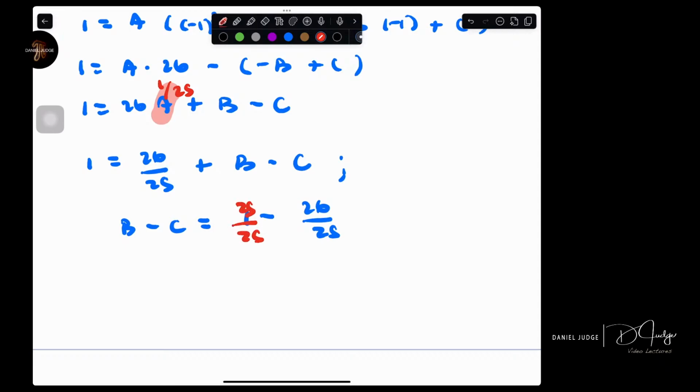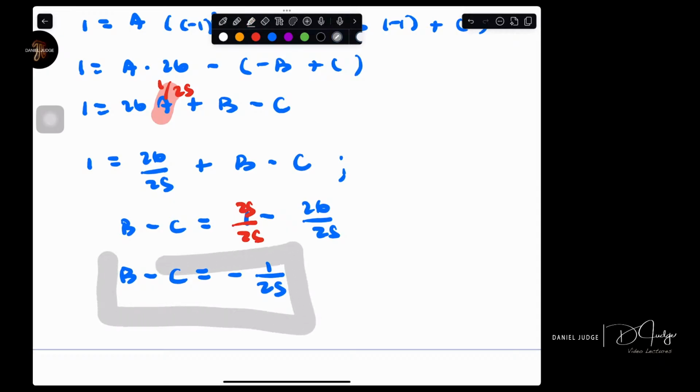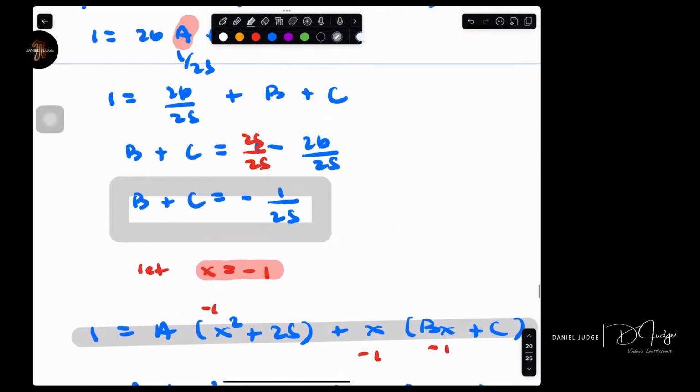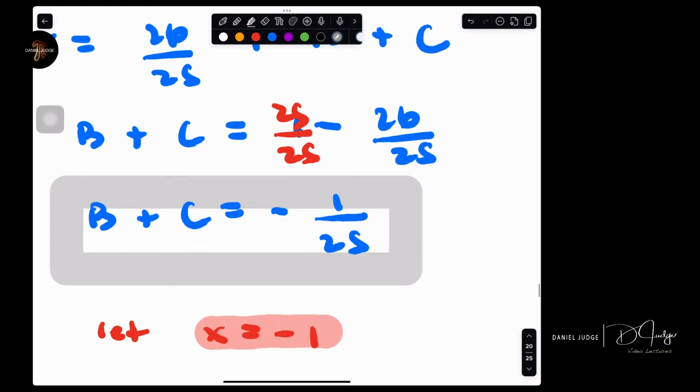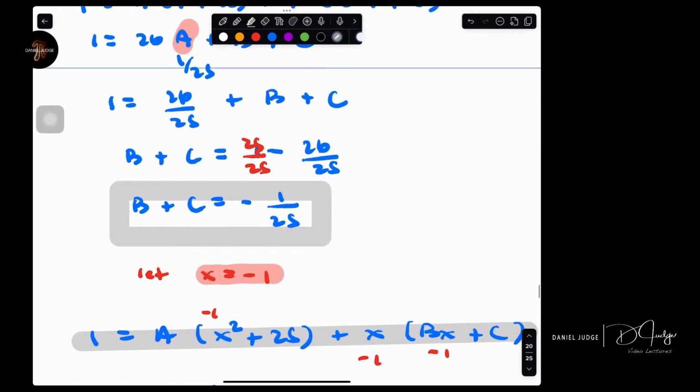And then now we get b minus c is -1 over 25. So we also know b plus c is -1 over 25. So we have two equations and two unknowns. Let's use that.